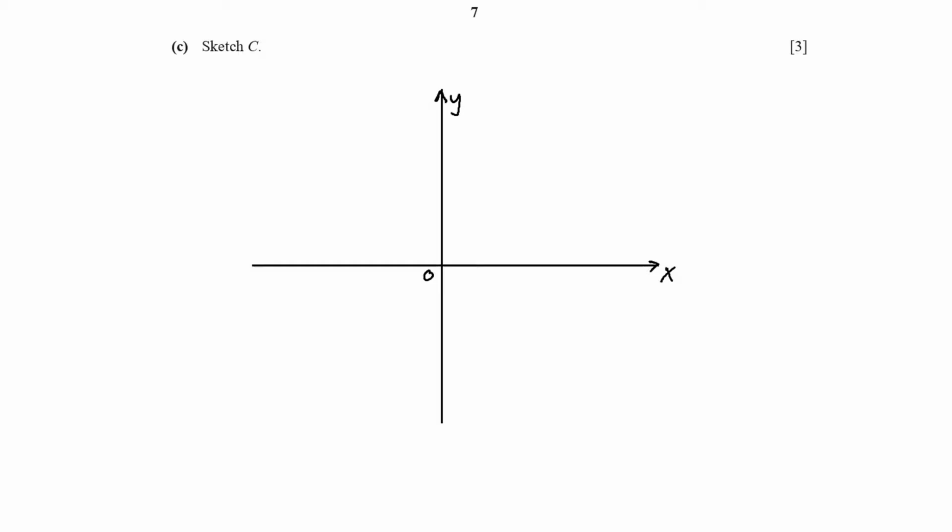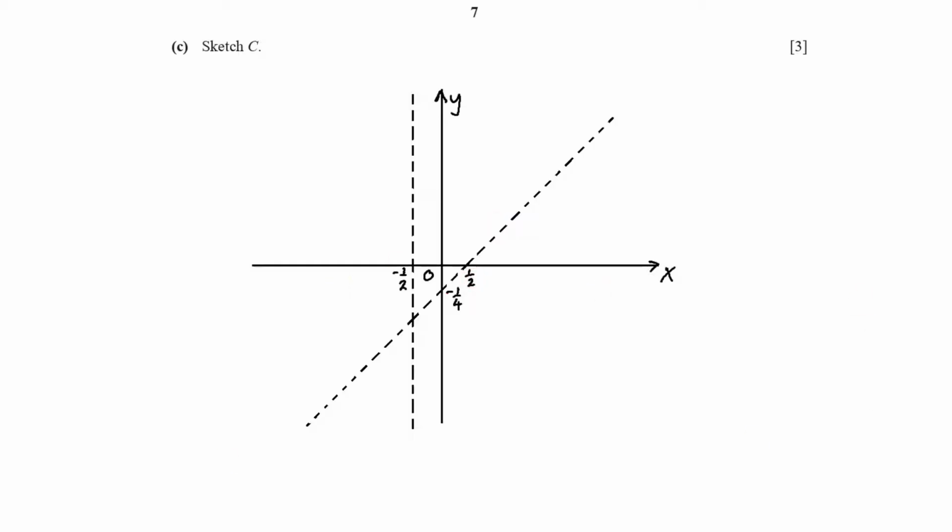The vertical asymptote is x is equal to minus a half, so we have minus a half here. And we also have the oblique asymptote, y is equal to half x minus a quarter. So it goes like this. This is the oblique asymptote. It crosses the y-axis at minus a quarter, and the x-axis at half.